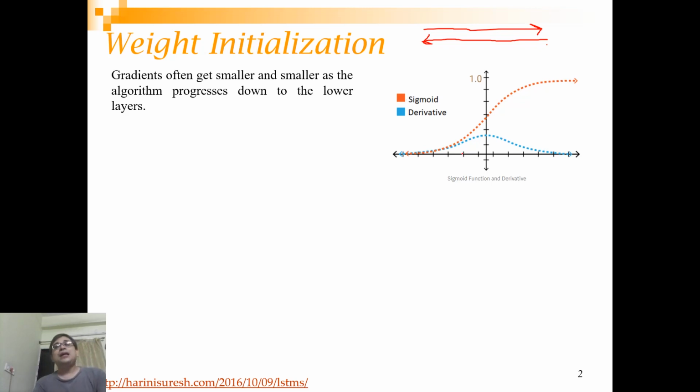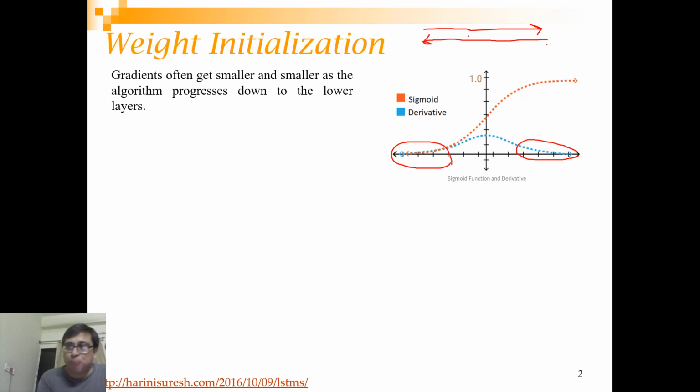And this is the gradient. If you look at the gradient, the rate of change, it becomes very small as the input becomes a large number, both a positive number and a negative number. These are called saturation regions, and good learning happens only in the middle area.